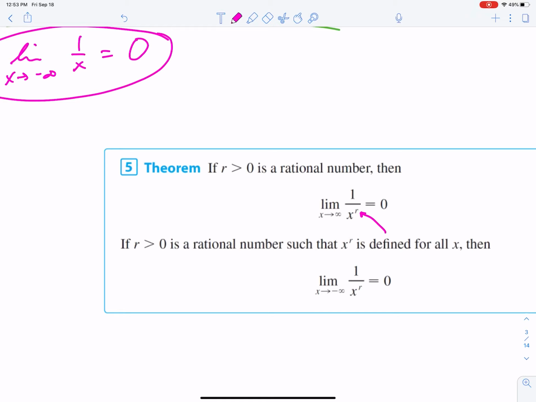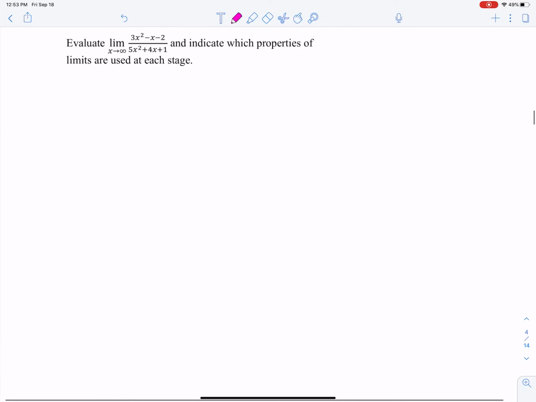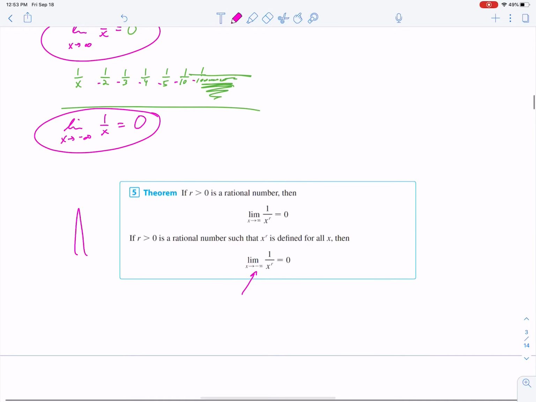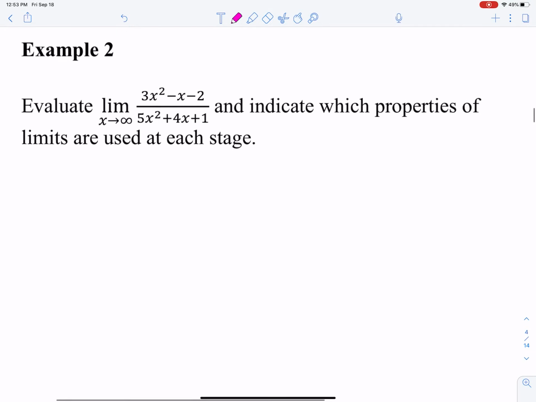So that's the logic there. It's still going to approach 0, and same with negative infinity. Okay? All right, very important. So in this chapter, we're going to learn all kinds of different ways to manipulate these functions to be able to calculate limits.